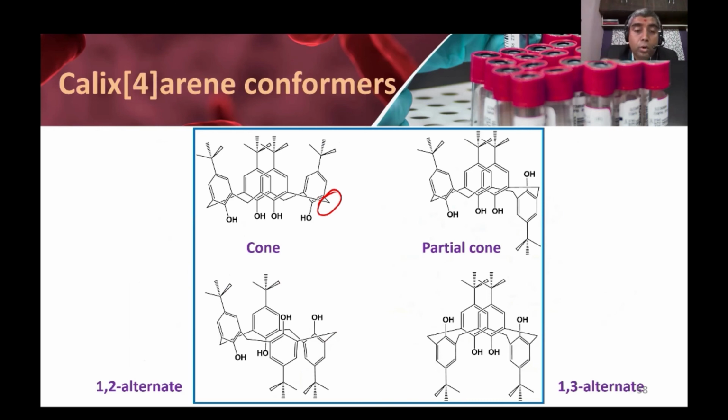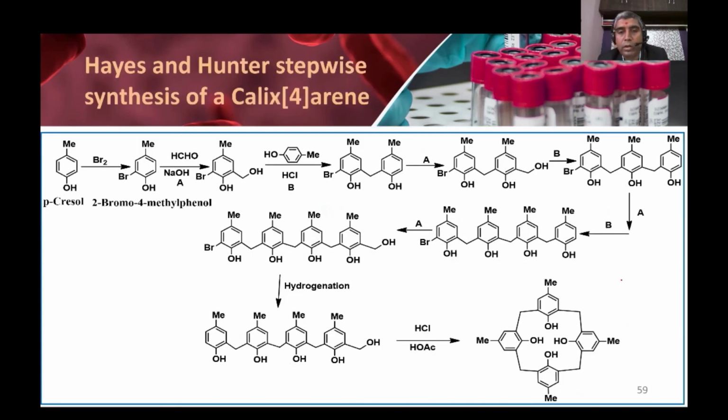They are cone; this is partial cone, where one phenolic moiety is inverted; 1,2-alternate; and 1,3-alternate structure. The four conformers of calixarene are cone, partial cone, 1,2-alternate, and 1,3-alternate.